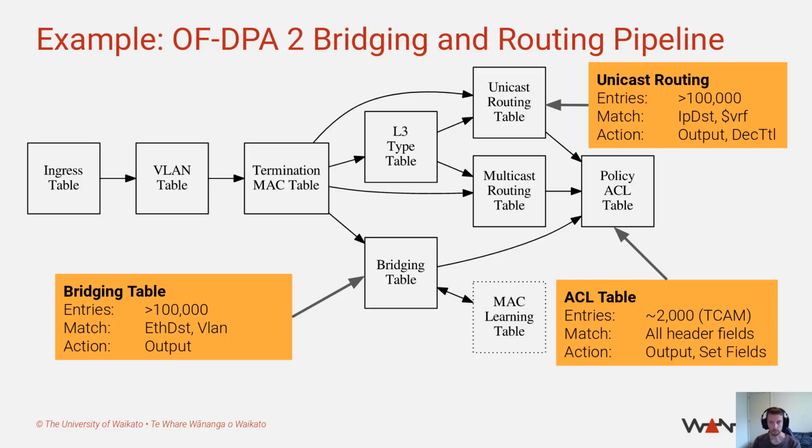So fixed function pipelines, of which you're seeing the Broadcom OFDPA2 pipeline, or at least a portion of it, are designed to be as cheap and fast and power efficient as possible by using application-specific integrated circuits.